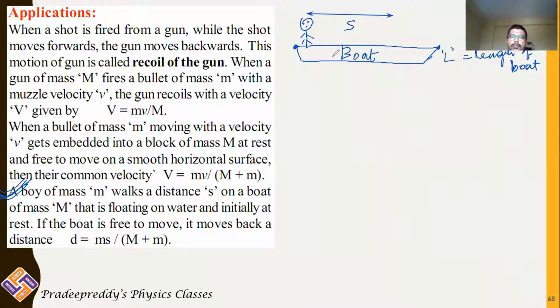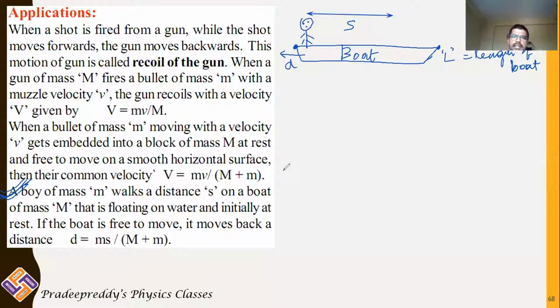So the boat and person are initially in rest position. Now this person starts his motion. He is traveling a distance S in the forward direction. In order to conserve the momentum, the boat should go backward by some distance. The boat should travel some distance d backward.